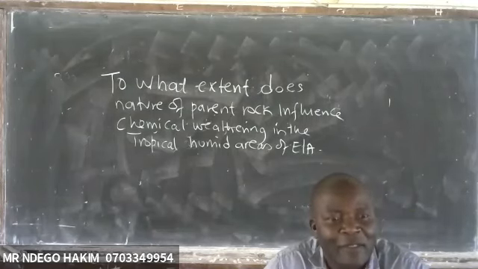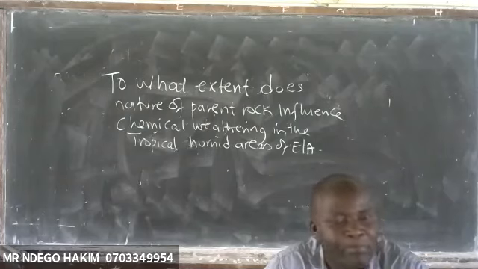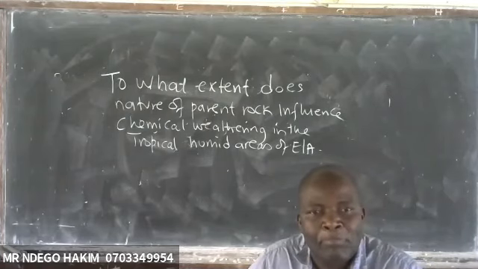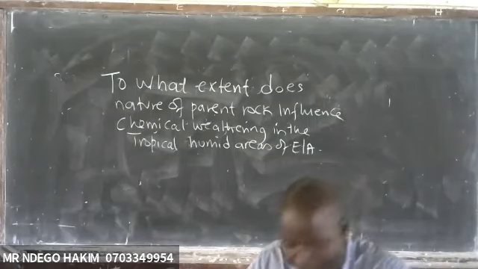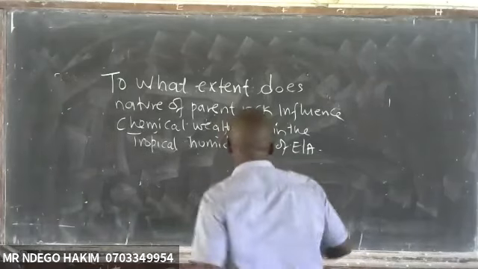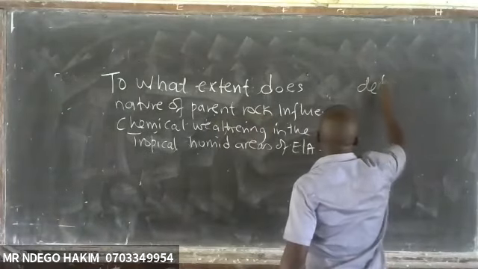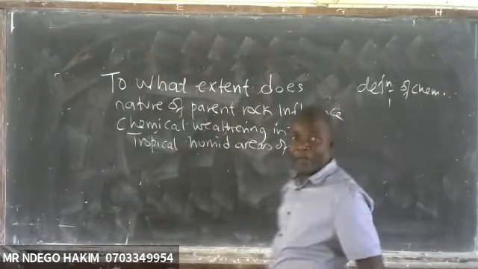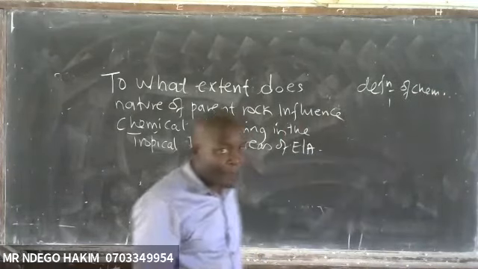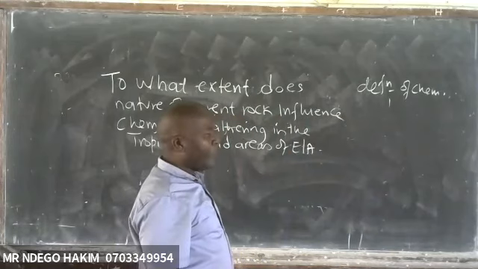So let me try. Oh, thank you. First of all, you first define what chemical weathering is. Definition of chemical weathering, right? Yes. Then after, you define what a rock is.